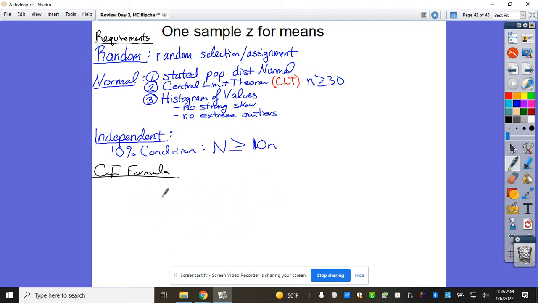Because we're dealing with means, what goes here? X bar. Well, for this one, what is our critical value? And so if we use Z, what is this section of our equation?